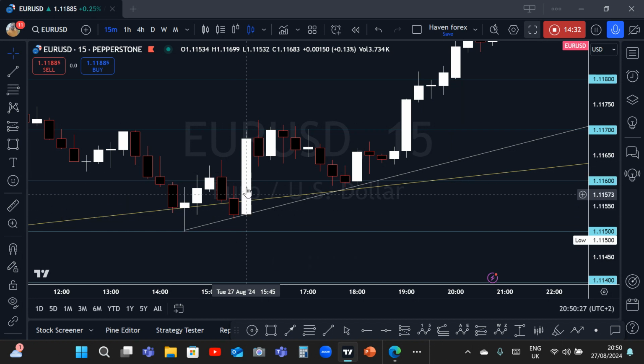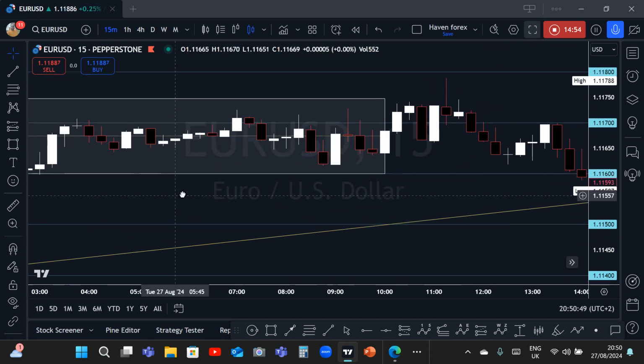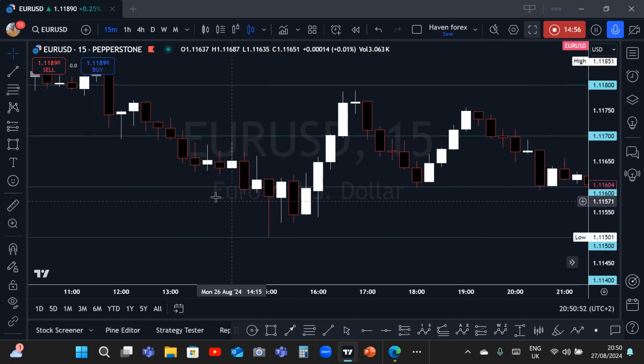All this signifies is momentum, buying momentum. Once you see this, you will see a very swift movement like this. You know that buyers are in the market. So that is how it is, guys.